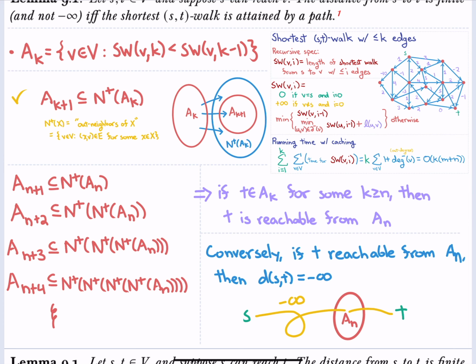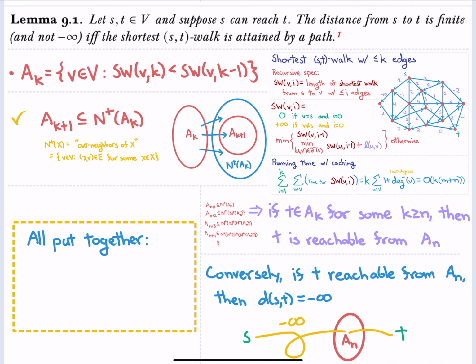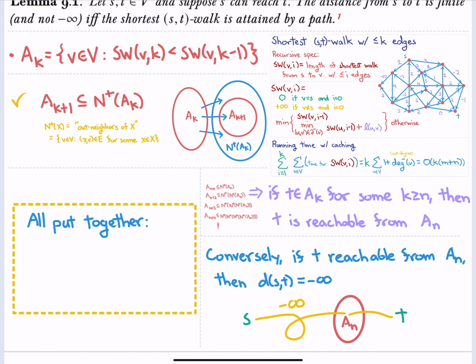Okay. All right, so now what's the punchline for our algorithm? Punchline, that distance is negative infinity if and only if it's reachable from a sub n.